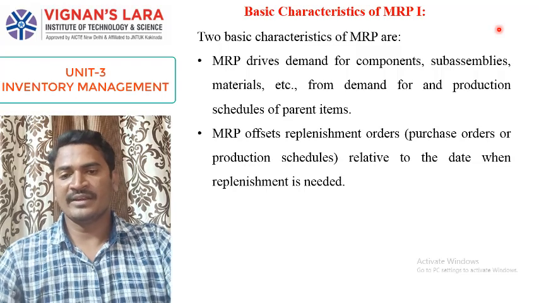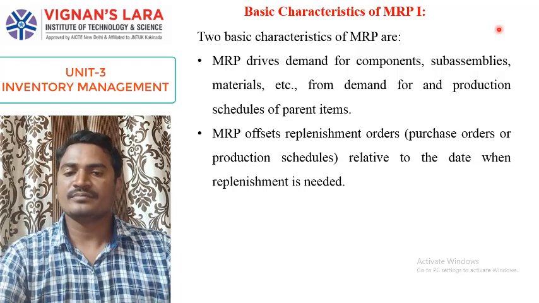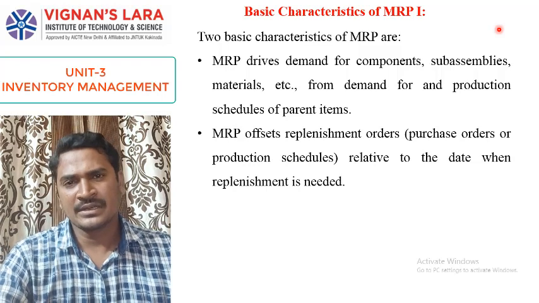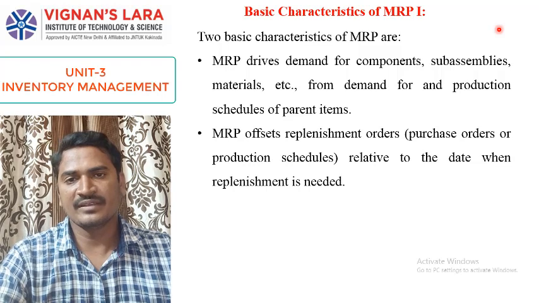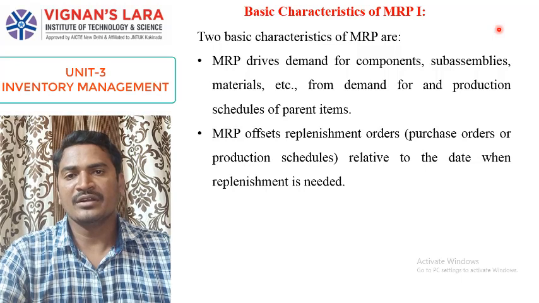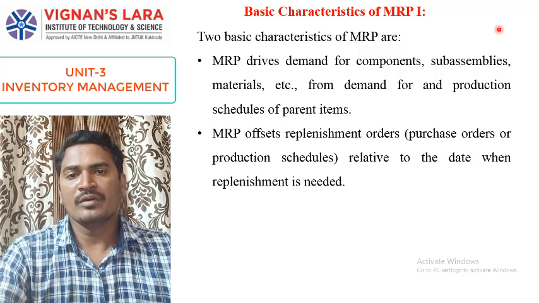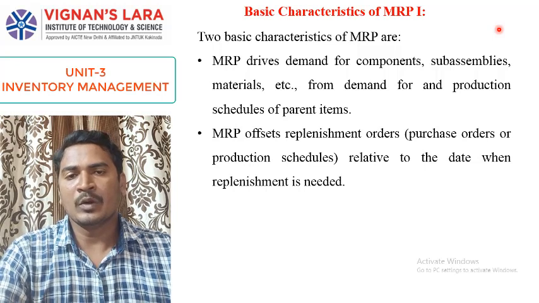For example, if we take a bike engine, for that engine assembly we require some sub-assemblies like the cylinder, piston, crankshaft, connecting rod, bore, piston rings, and inlet and outlet ports.